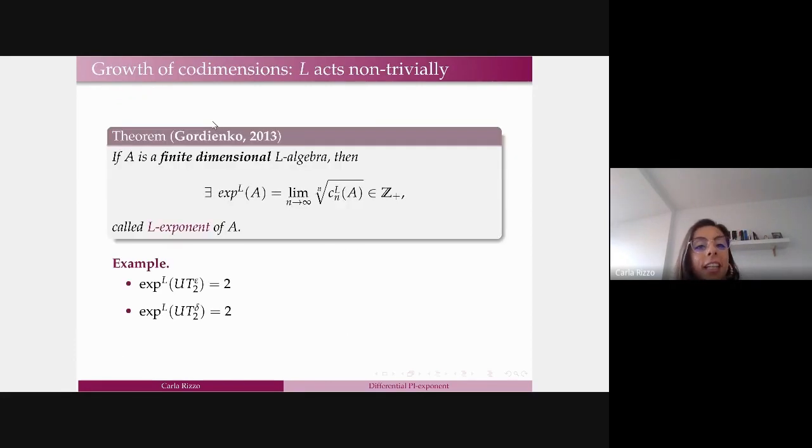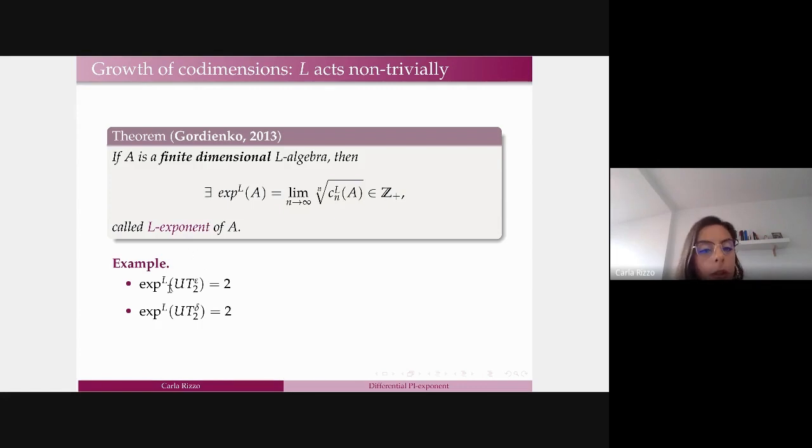However, Gordienko in 2013 proved this in a more general case, in fact with the action of a Hopf algebra. Adapted to our case, Gordienko proved that if A is a finite dimensional algebra, then this limit exists and is a non-negative integer, and we call it the L-exponent of A.